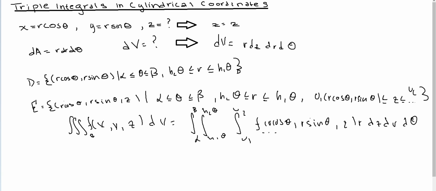And as you can see, all we're doing is adding an integration component, which would be our z component, and incorporating a new substitution. But essentially it's not a substitution because it's just itself.